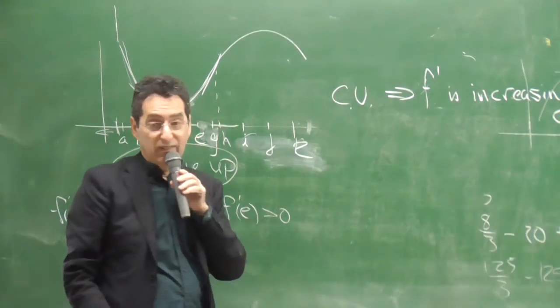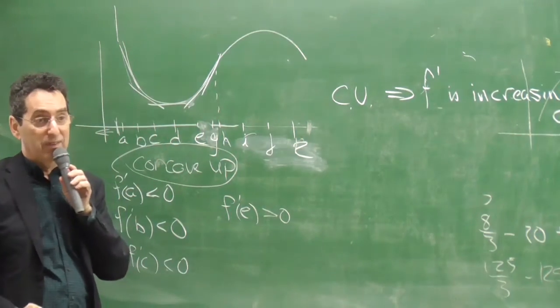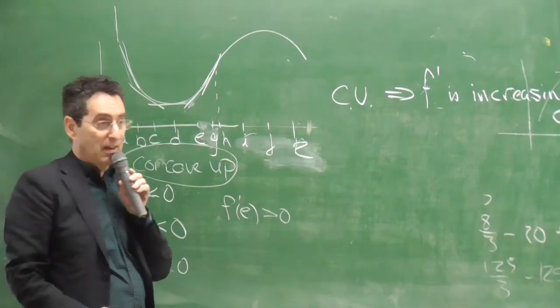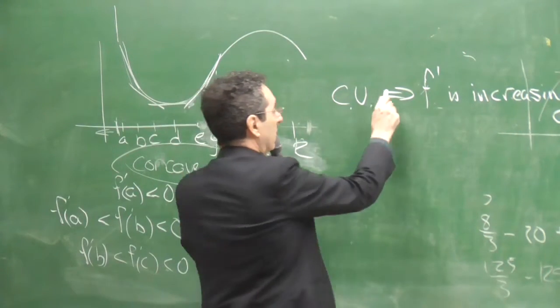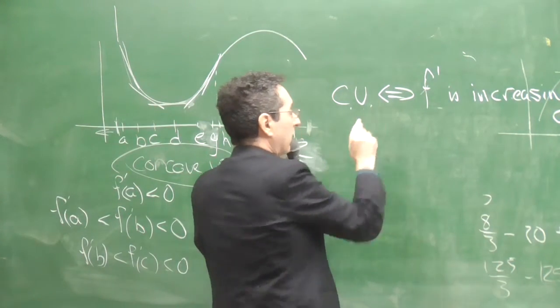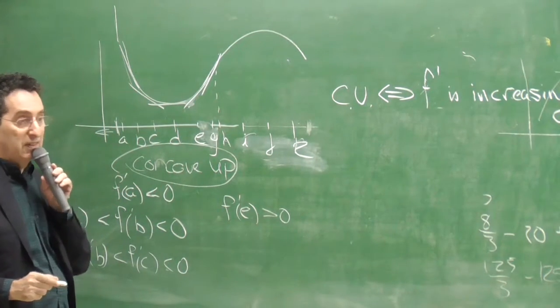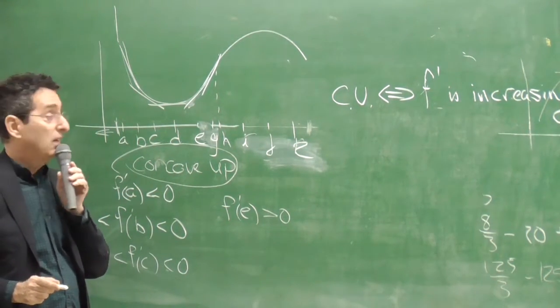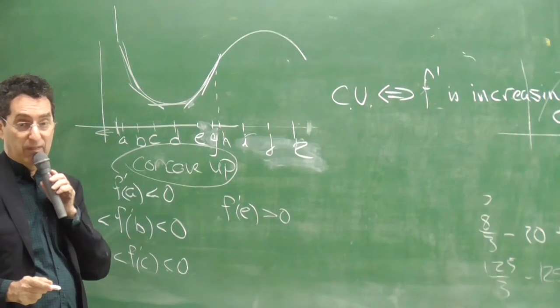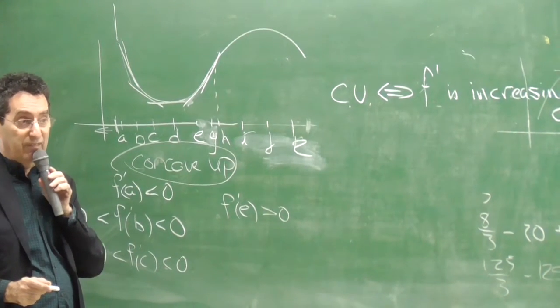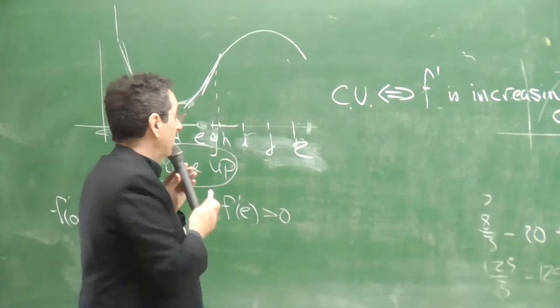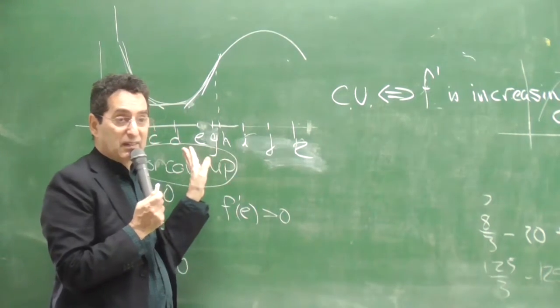Not f. F prime is increasing, right? And I think probably we can write this direction also. If f prime is increasing, then it's concave up. And I think the other way is obviously just the opposite.